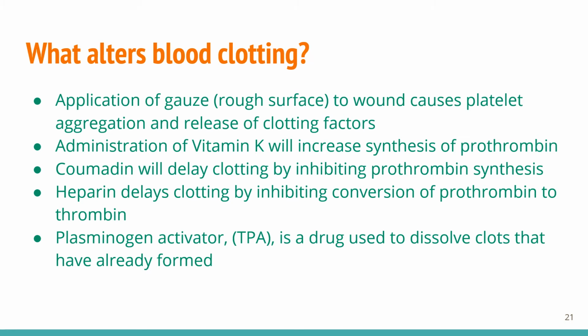And then TPA, which is tissue plasminogen activator, is a drug that's used to actually help dissolve clots, as a clot buster, basically. So you will have people that are on Coumadin all the time. For example, or low doses if they are in the hospital for a while.